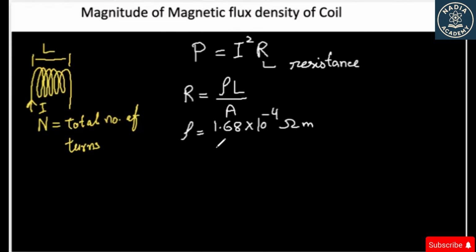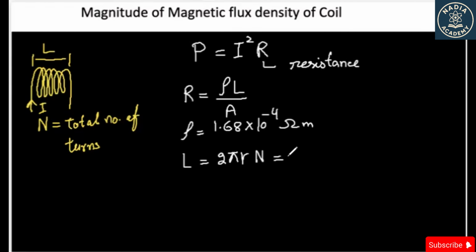To calculate the length of the wire, we need to use the formula 2 pi r times the number of turns, because 2 pi r is the length of one turn and N is the total number of turns.